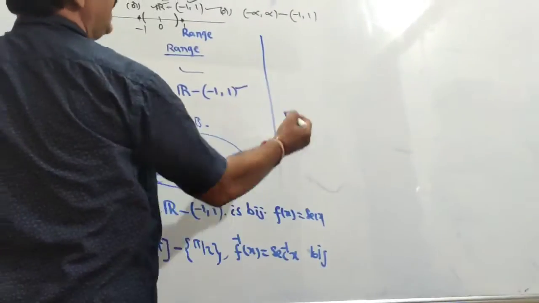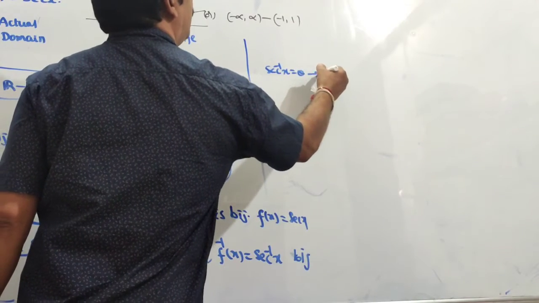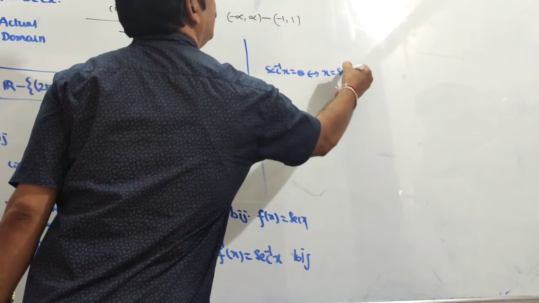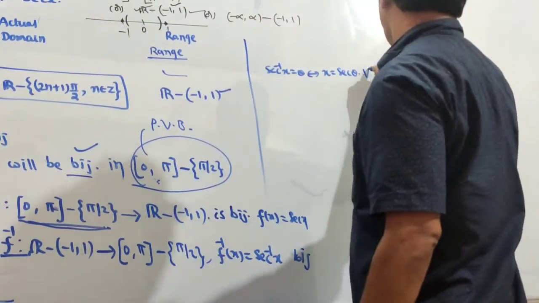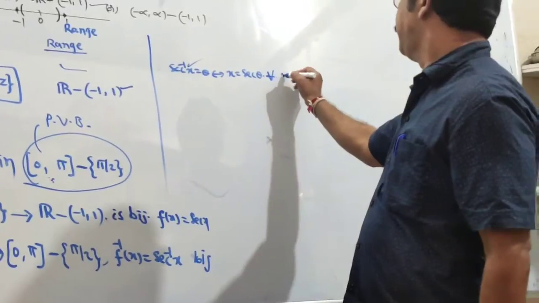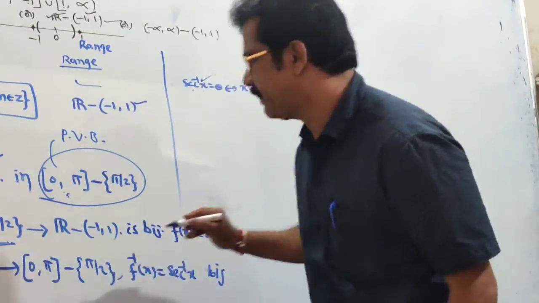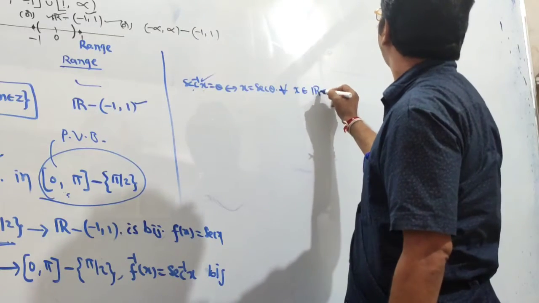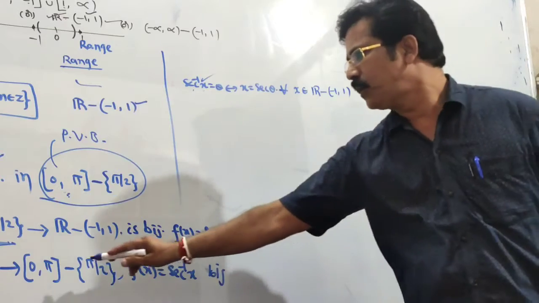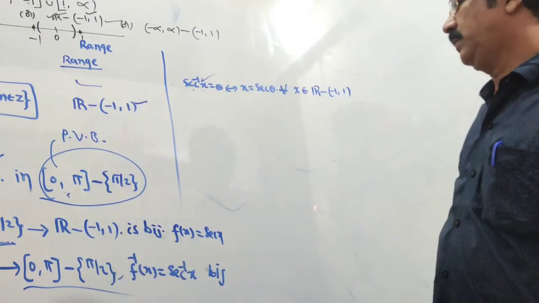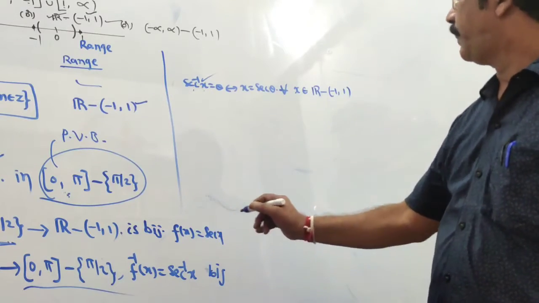Similarly, secant inverse of x equal to theta implies x equals secant theta. For all x belonging to the domain of secant inverse x, meaning capital R minus open interval of minus 1, 1. Of course, theta belongs to the same closed interval of 0, pi minus the singleton set of pi by 2.